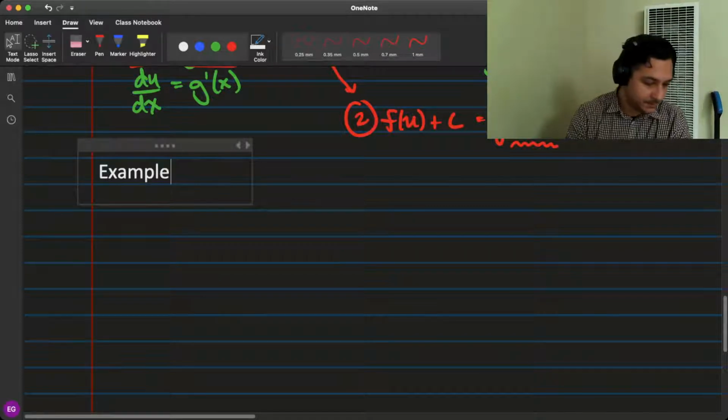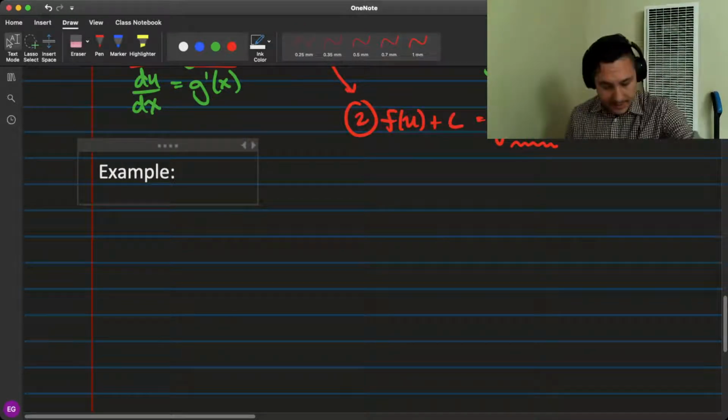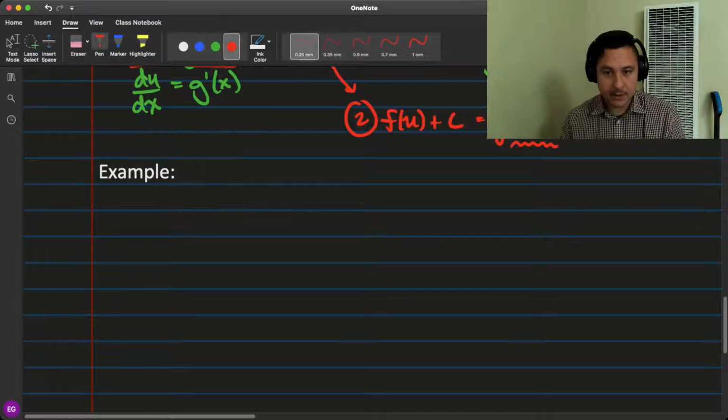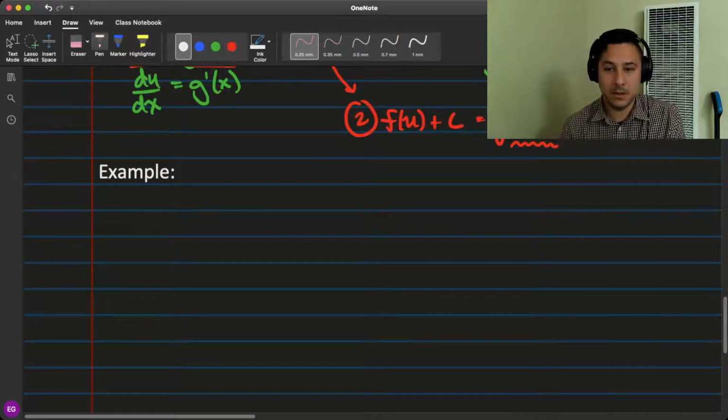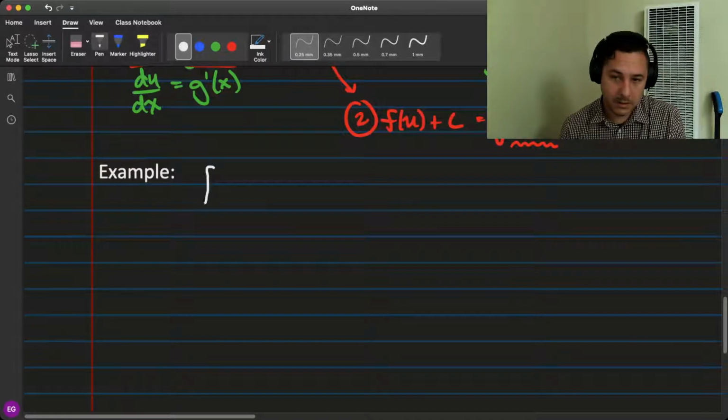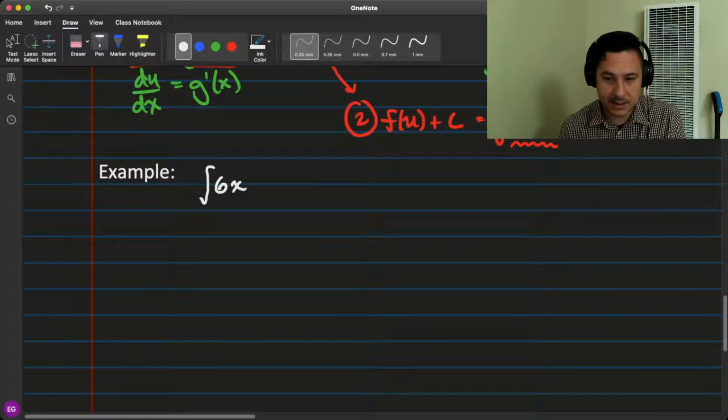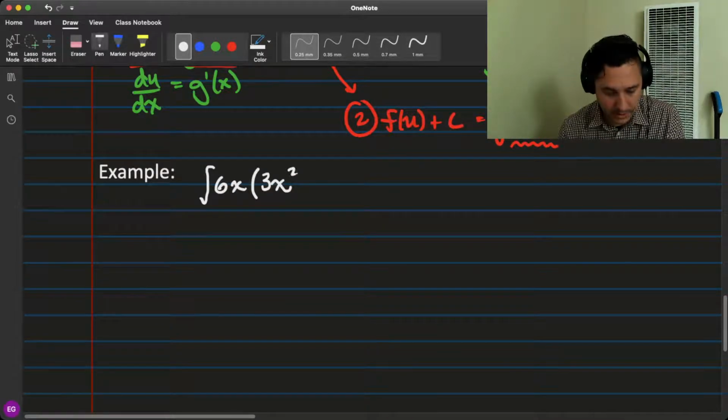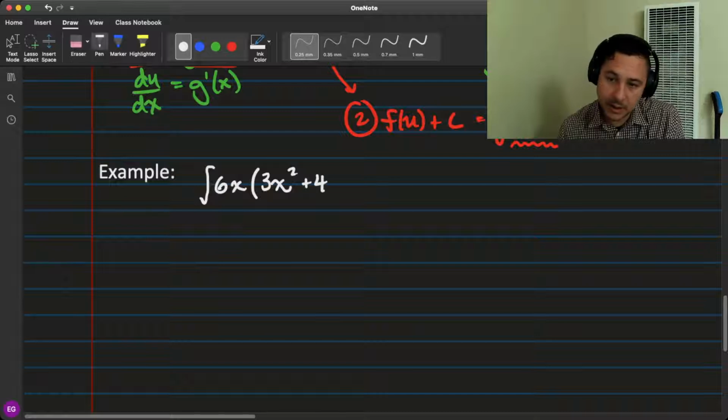So example, let's integrate this thing. We're doing the indefinite integral of 6x times (3x squared plus 4) to the 4th dx.